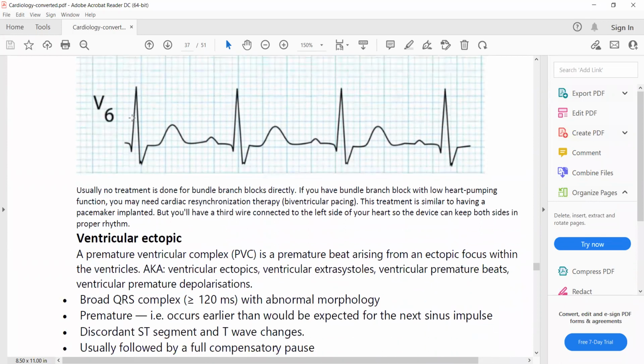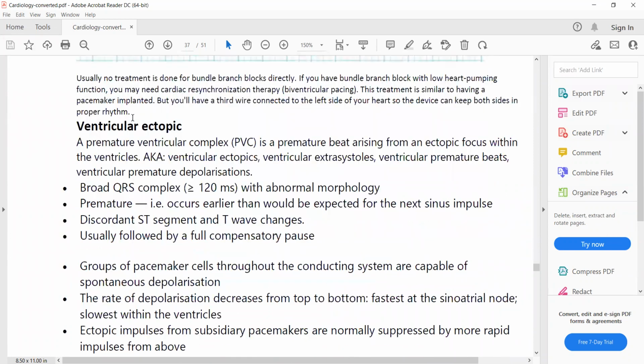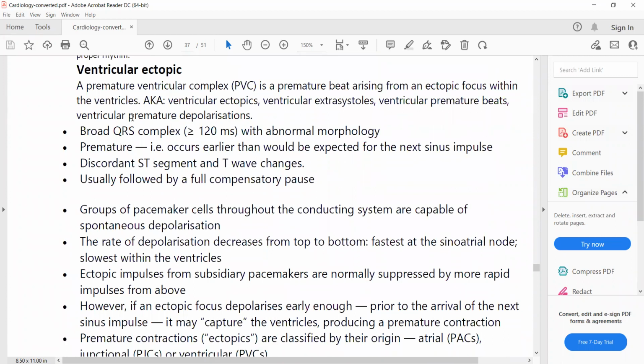So the management will be same as ST elevation MI. Now our next topic is ventricular ectopics, or premature ventricular contraction, or extrasystole. They are all the same name for ventricular ectopics.